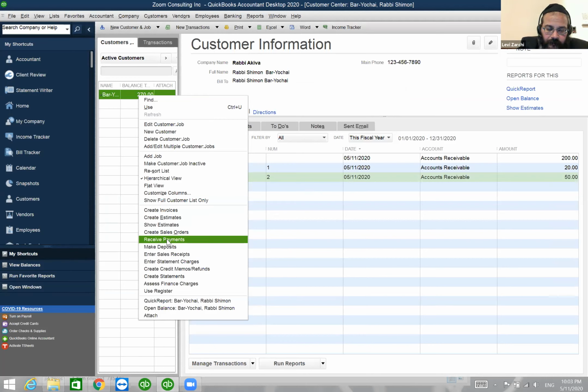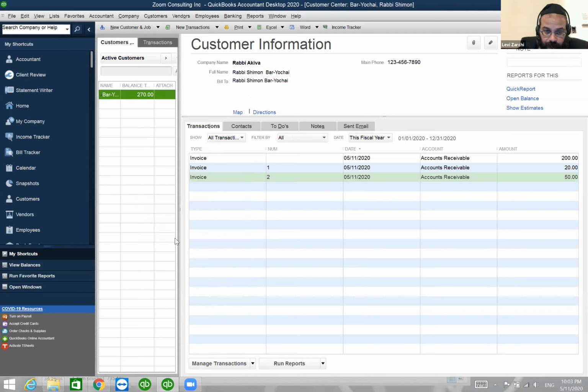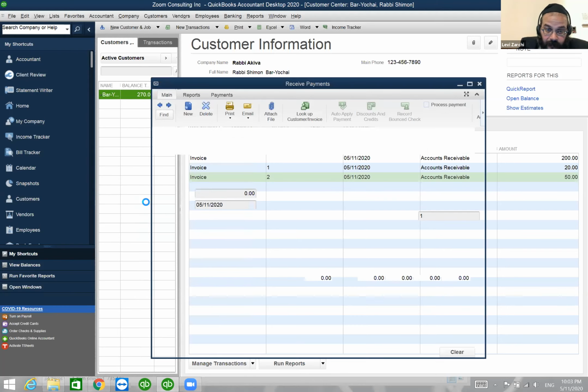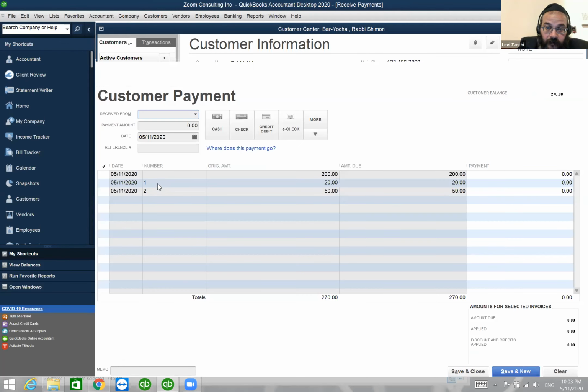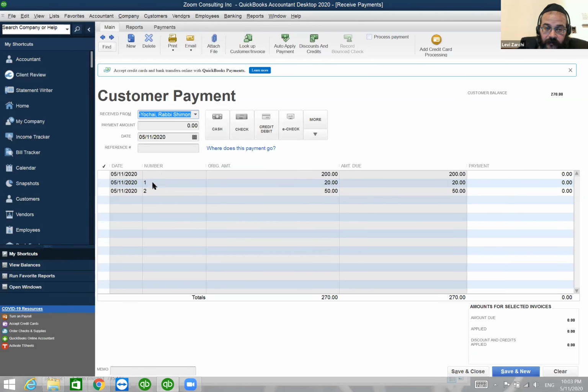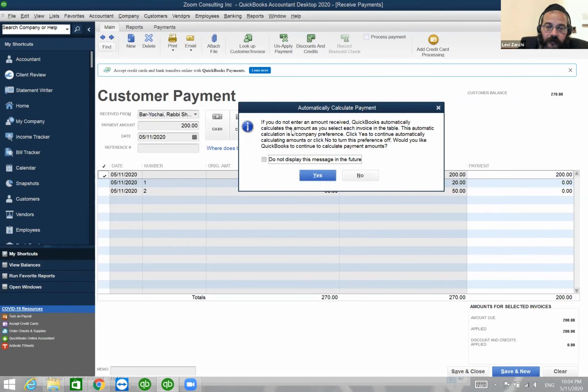We right click, we receive the payment, and there's a choice of invoices, in this case 3 open invoices. We have his open balance of $200, the $20 purchase, and the $50 purchase. This was technical support. Let's say he's going to pay today $200. He says, let's take care of all the past and close out the history. We're going to start a new page.